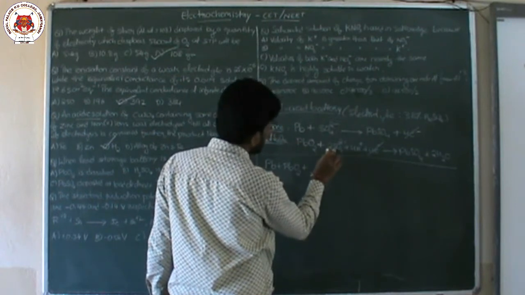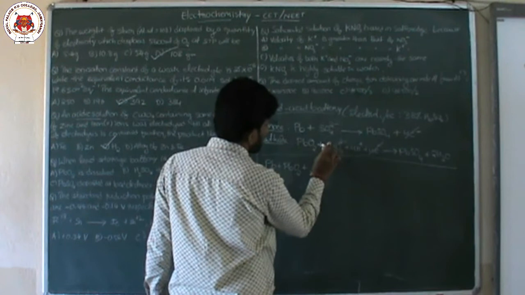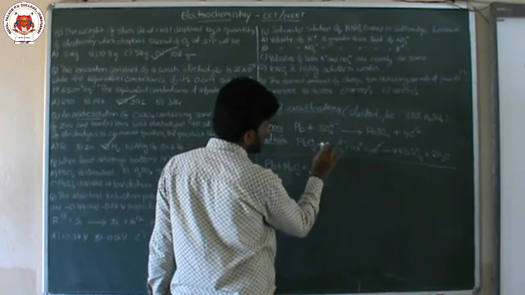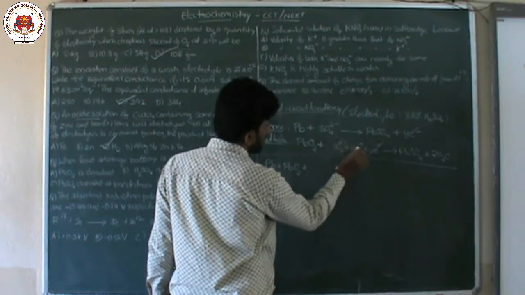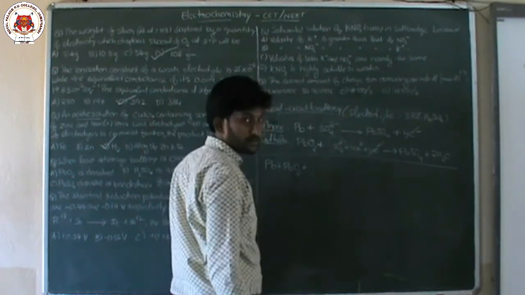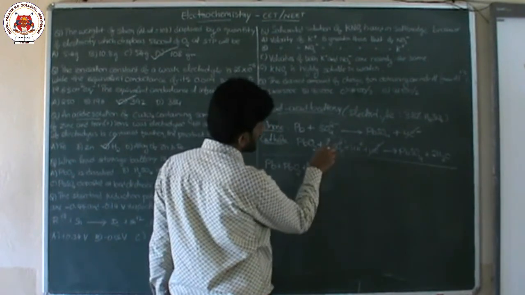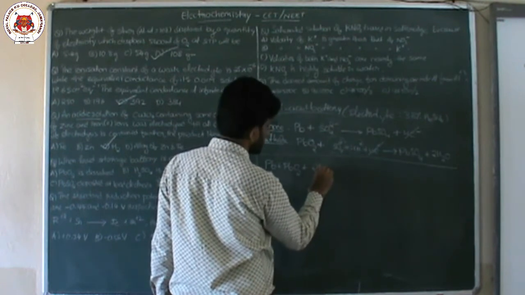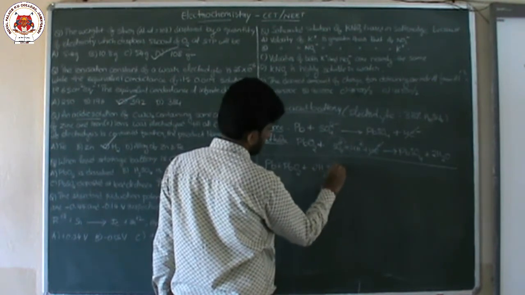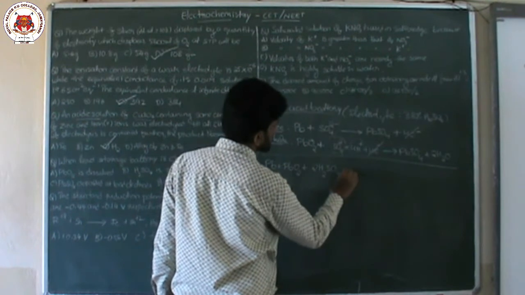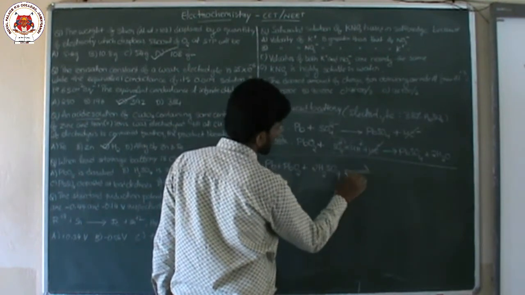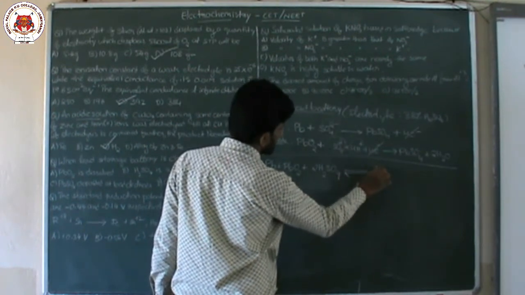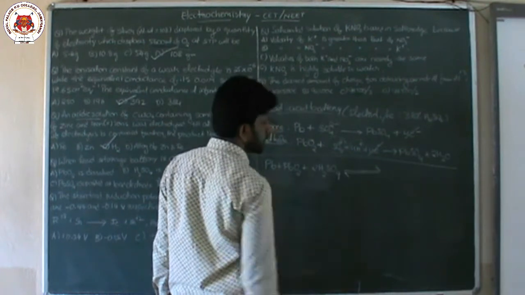So these two SO4s combined with 4 H plus ions. This one SO4, this one SO4, 4 H plus ions can be written as 2H2SO4.